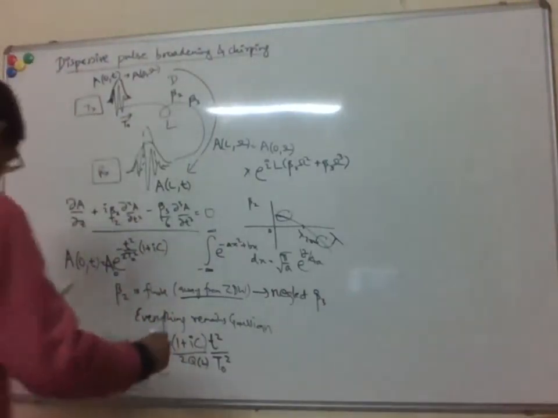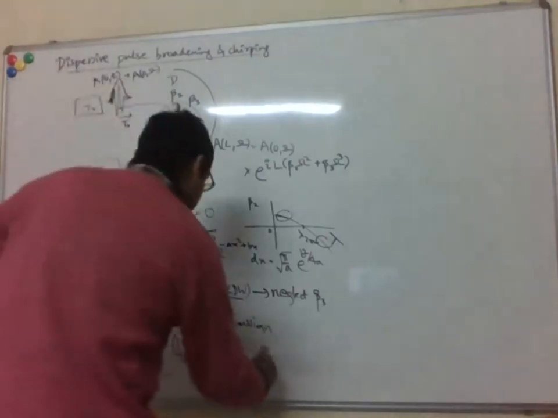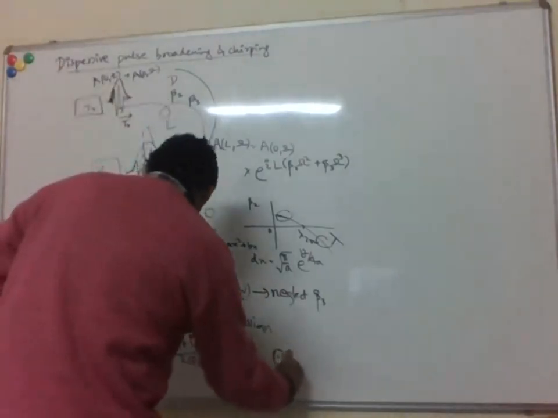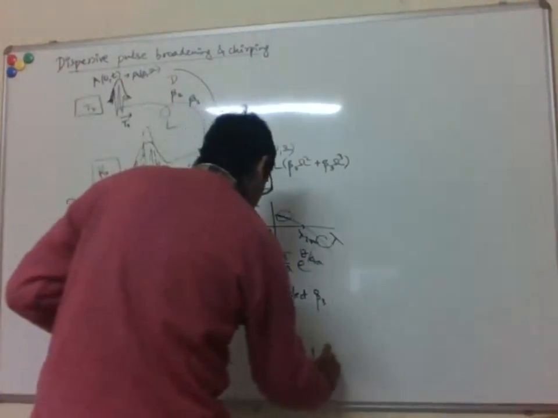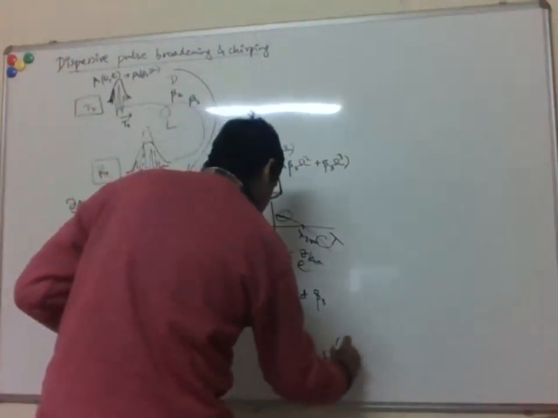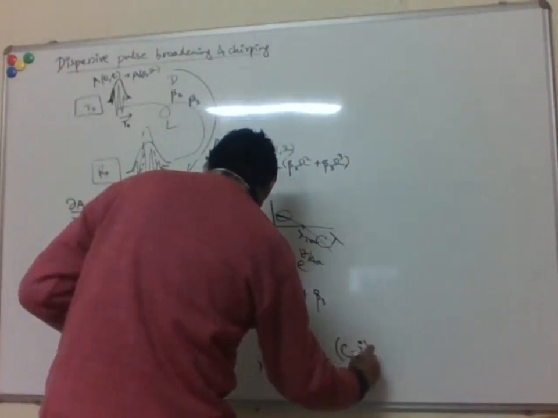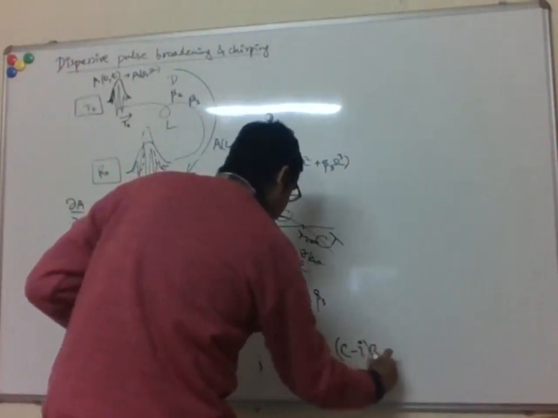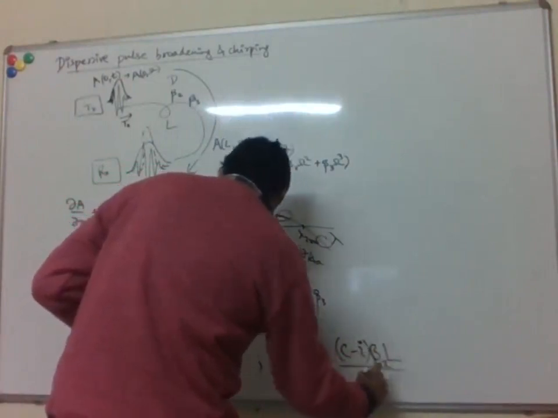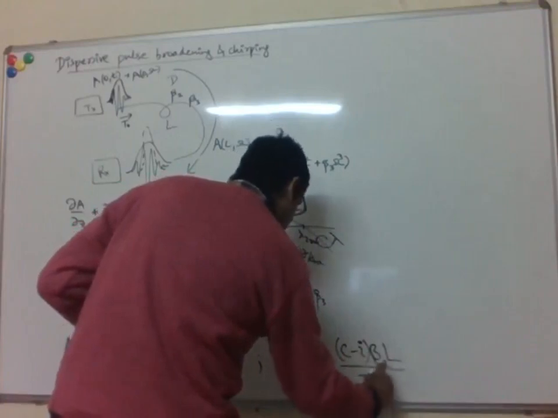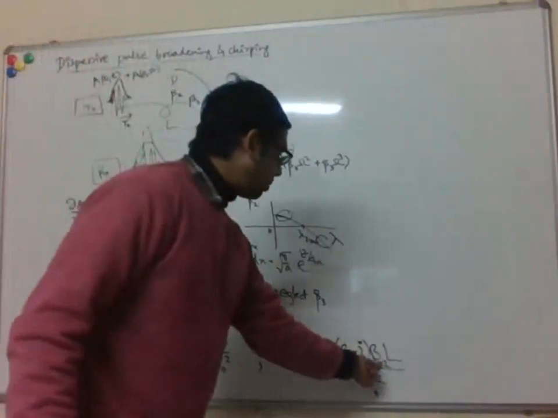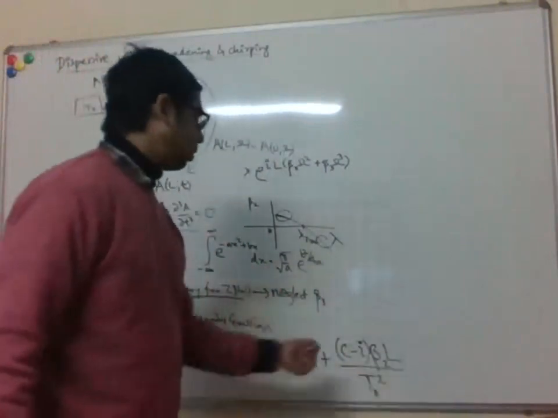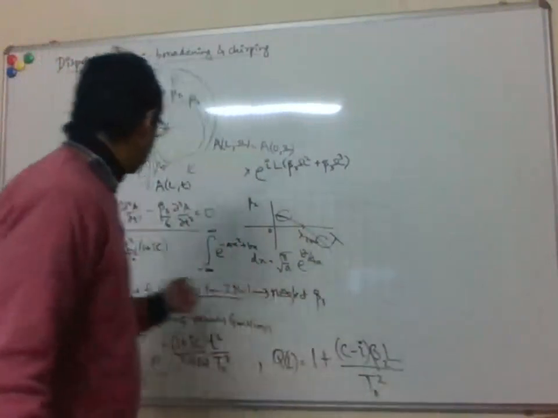Anyway, so you get this, and what is QL here? It's some quantity which depends on the GVD coefficient of the fiber beta 2 times the length and also the initial chirp C on the pulse.